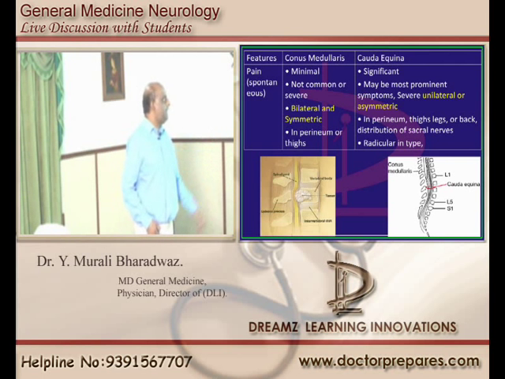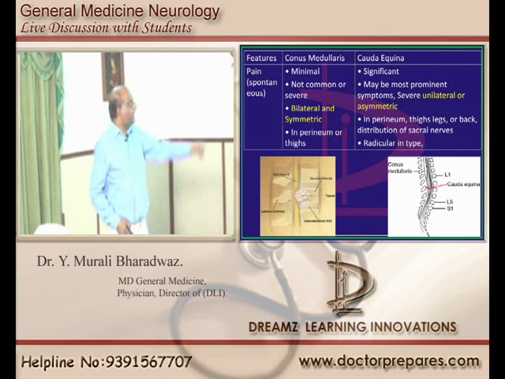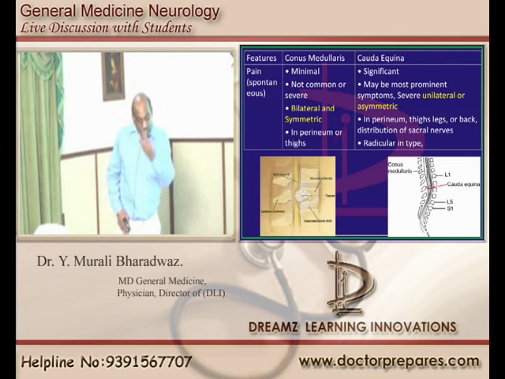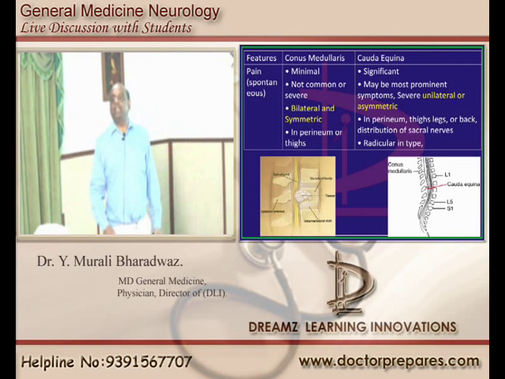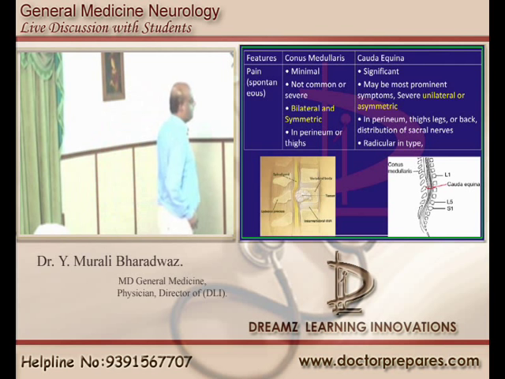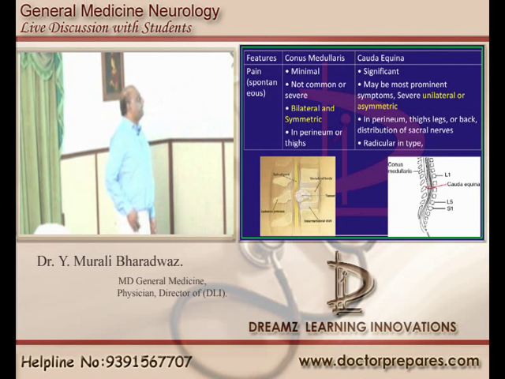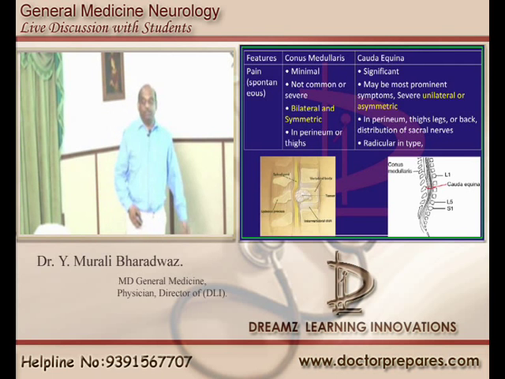Hence it is bilateral and symmetric. Whereas what is compressed in cauda equina? Those radicals. So left side radicals may be compressed by a meningioma or neurofibroma separately from the right side radicals. So it will be unilateral and asymmetric. And cauda equina is typically radicular in type, is what we need to appreciate.